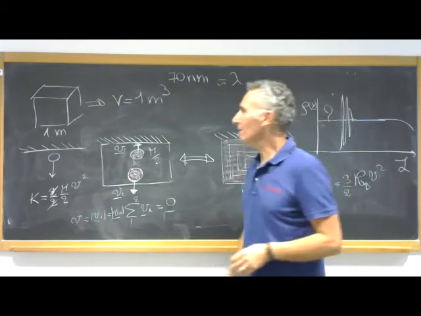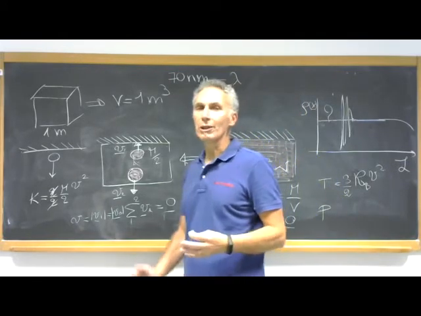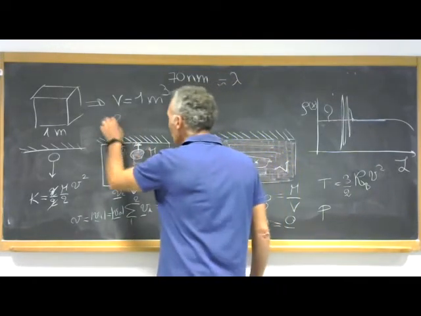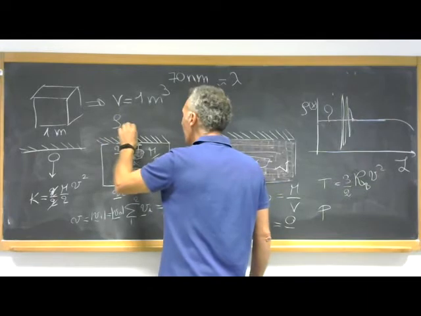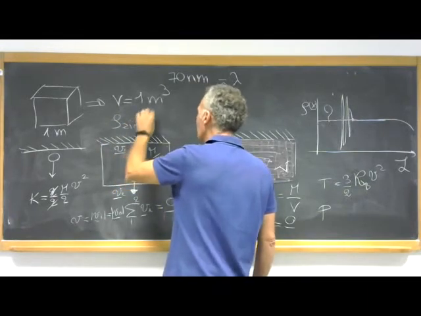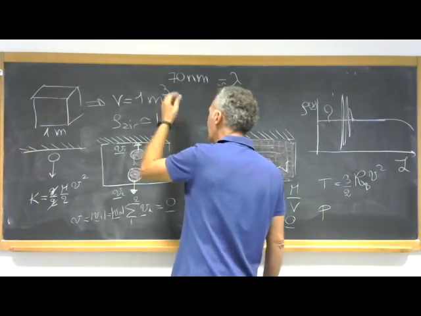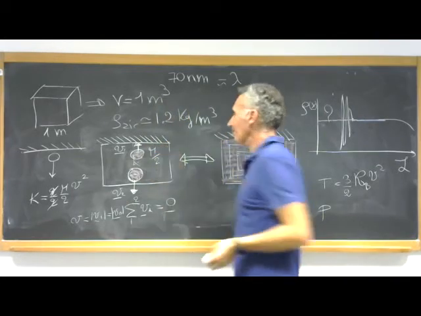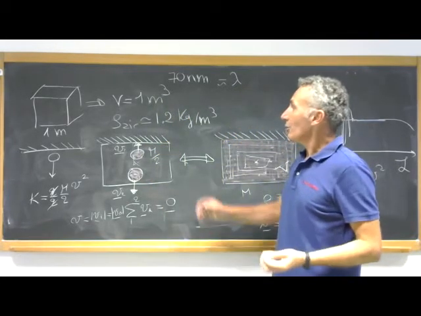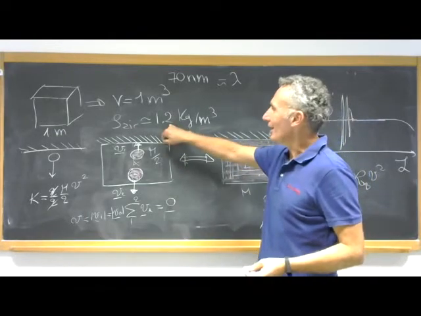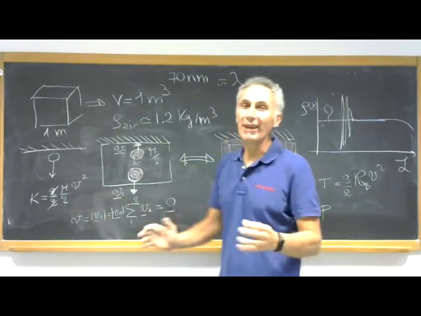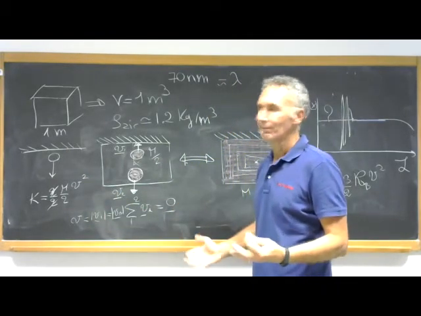So let's start from standard conditions, so air at ambient conditions. The density of air at ambient conditions is about 1.2 kilograms per cubic meter. So it means that within 1 cubic meter I have 1.2 kilograms of mass.